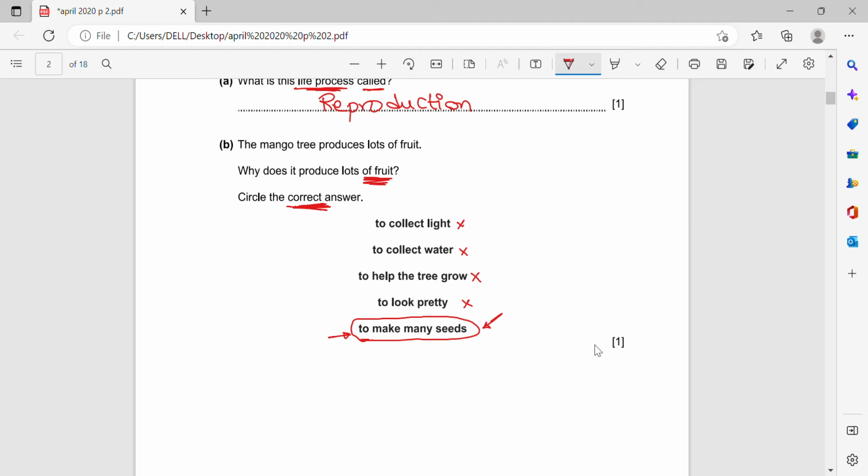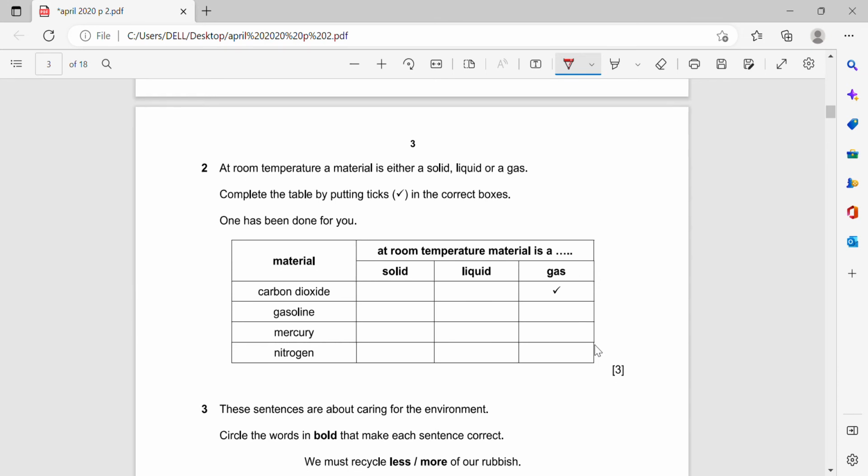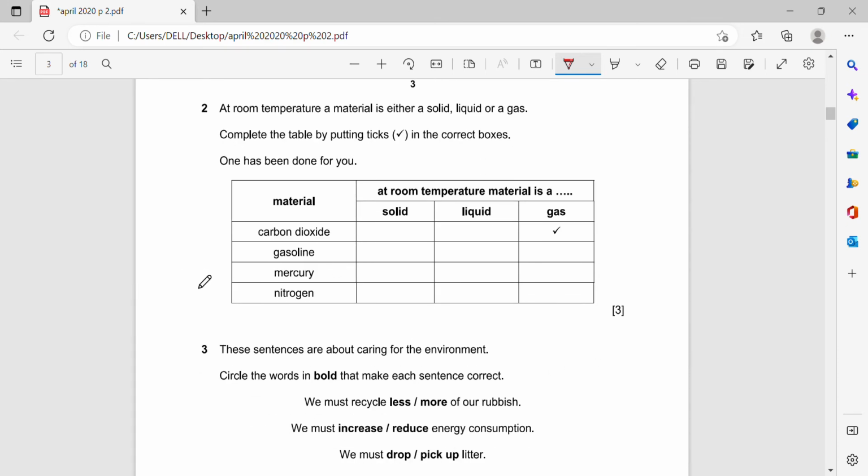Okay. Question number 2. At room temperature, a material is either a solid, a liquid, or a gas. This question is about the states of matter. Complete the table by putting ticks in the correct boxes. One has been done for you. Carbon dioxide is already done for you.